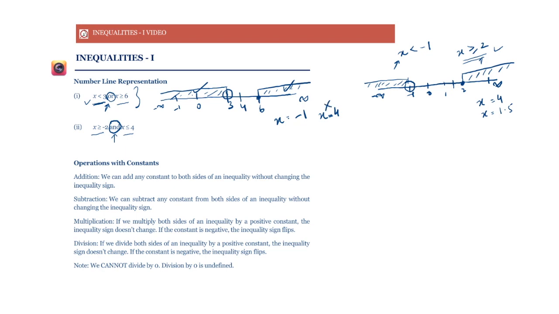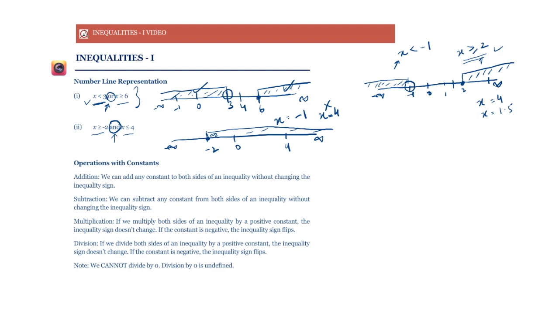Okay, let's look at the case of and. Again, let's graph this inequality. Let's say here we have -2, here we have 0, here we have 4, here is infinity, and here is minus infinity. So x is greater than or equal to -2. So basically this particular region up to infinity, all of this is acceptable, including the point -2.